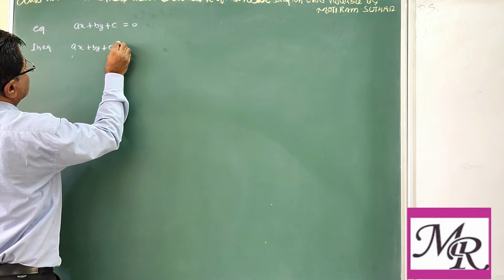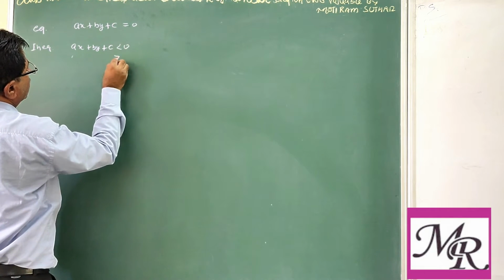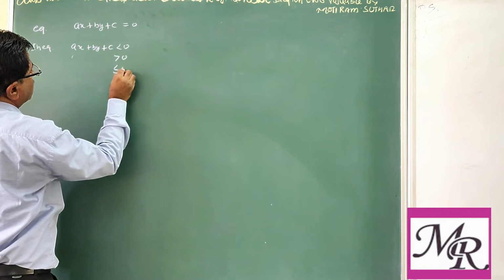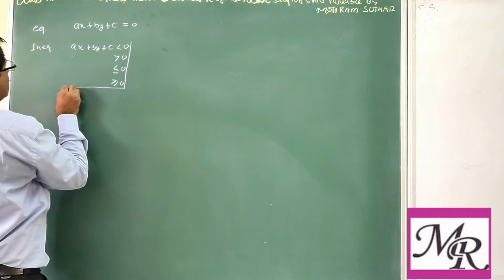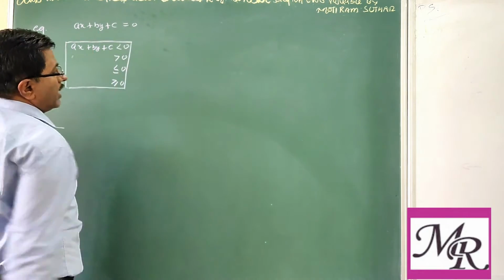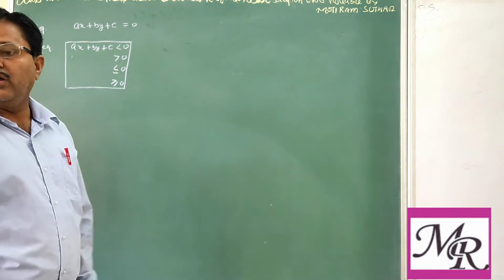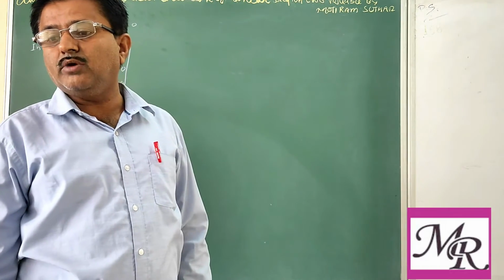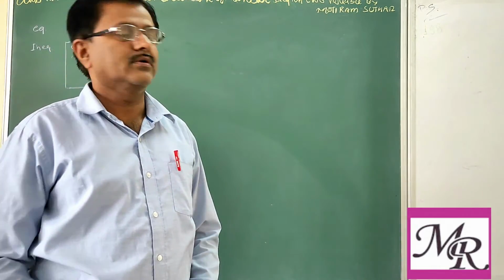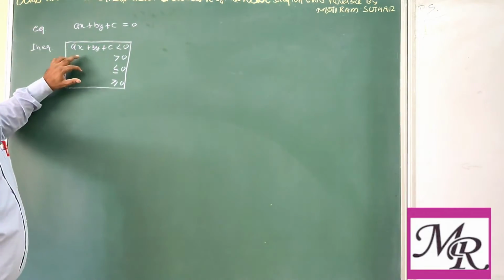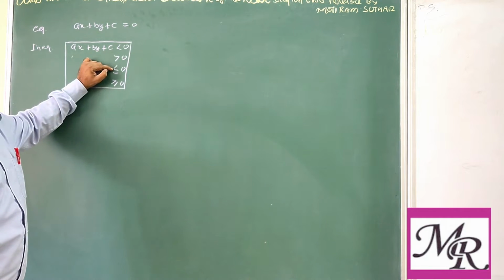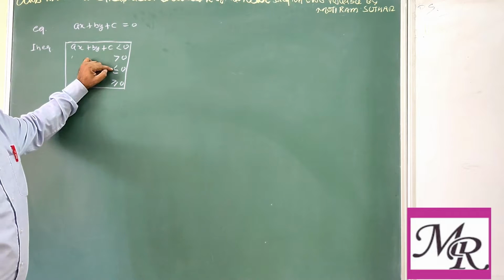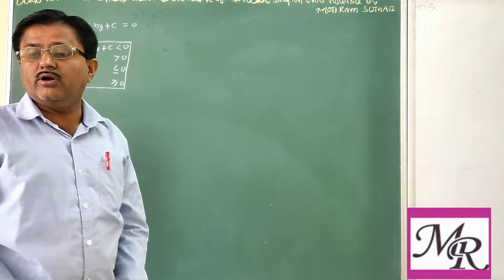It may be less than 0, it may be greater than 0, it may be less than or equal to 0, or greater than or equal to 0. So mainly when we are considering the inequalities, it may be of four types. Clear? Less than 0, greater than 0, less than or equal to 0, and greater than or equal to 0.